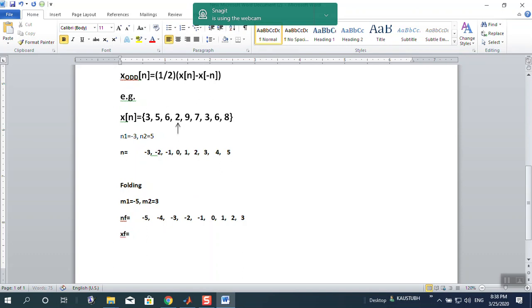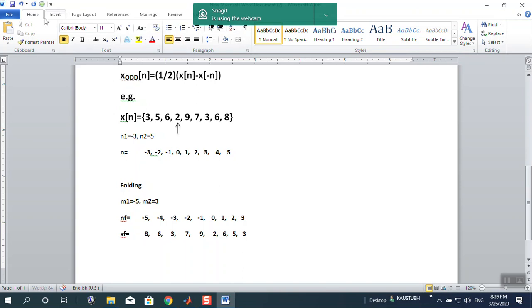So it will be 8, and whatever the value at +4, that will be at -4, then 3, then 7, then 9, then 2, then the value at -1 will be at +1, 6, then 5, then 3.